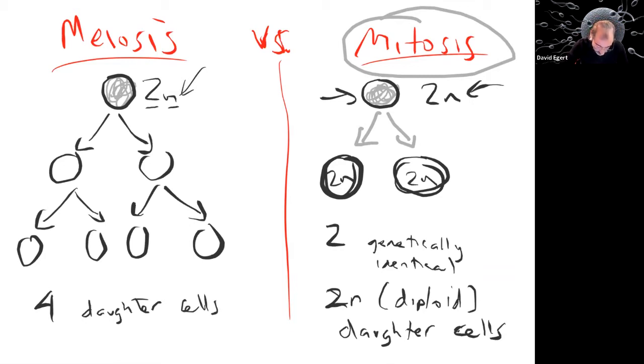And if you remember, during metaphase 1, instead of lining all the chromosomes along the metaphase plate, you have the pairs, the homologous chromosomes, sitting side by side, and only one or the other gets pulled to each daughter cell. So we actually lose one of these ploidy levels. These are going to be 1N haploid daughter cells.